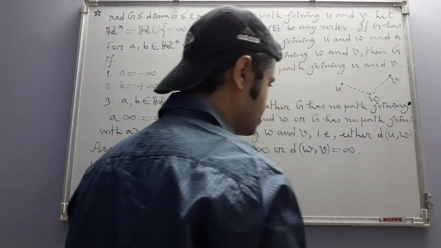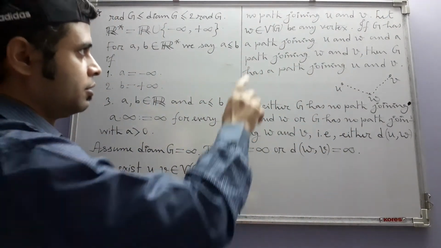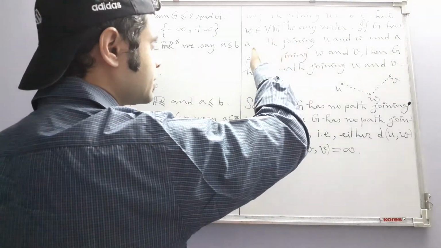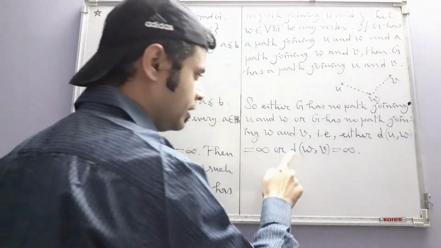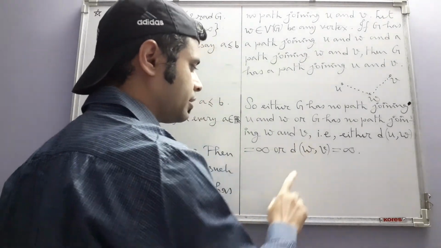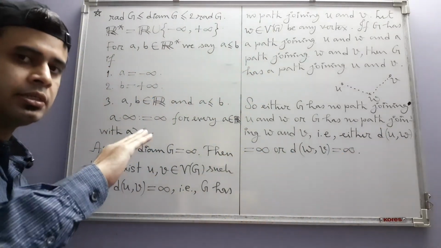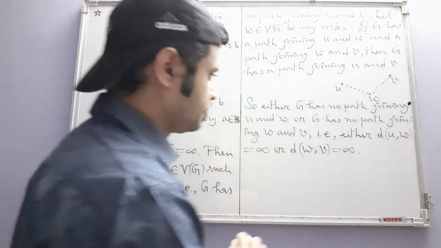Okay, so we have this. Now the point here is that, what we have shown here, w was any vertex in the graph. Then for any such vertex, there is at least one point which is at an infinite distance from that vertex.